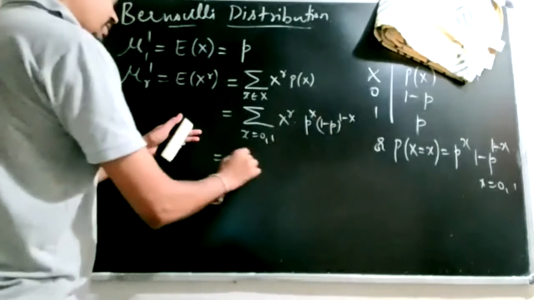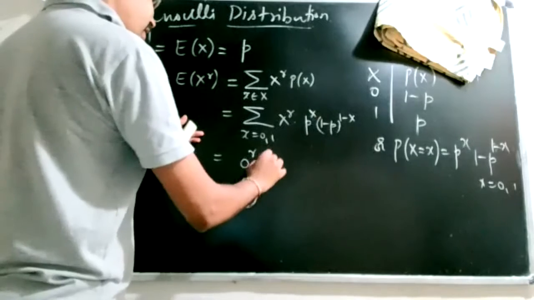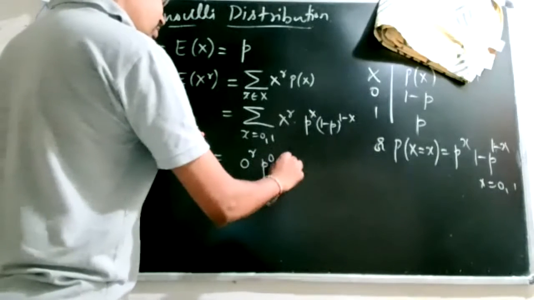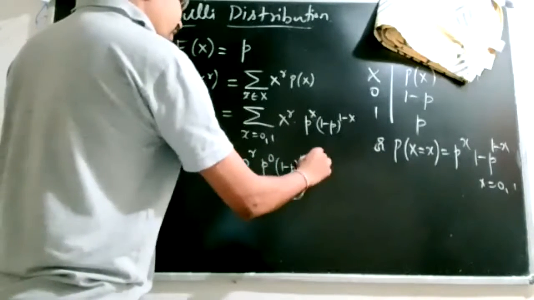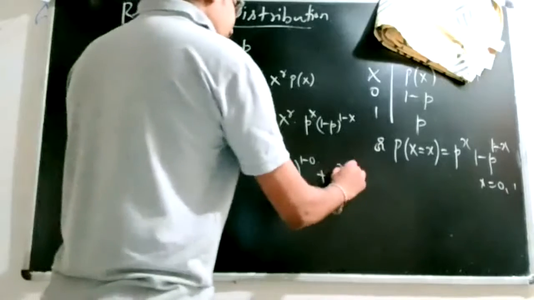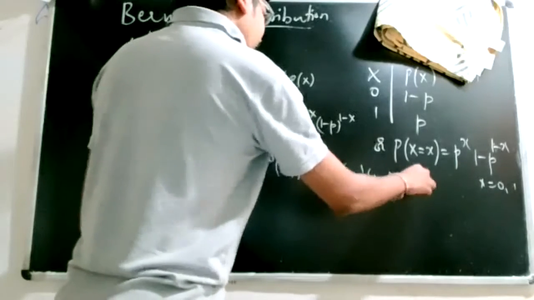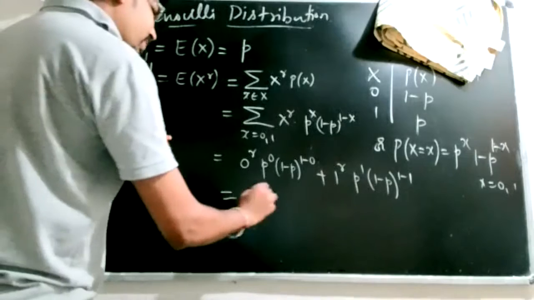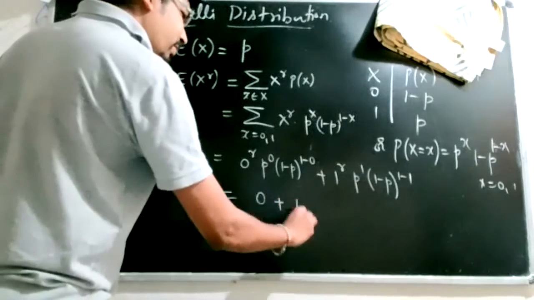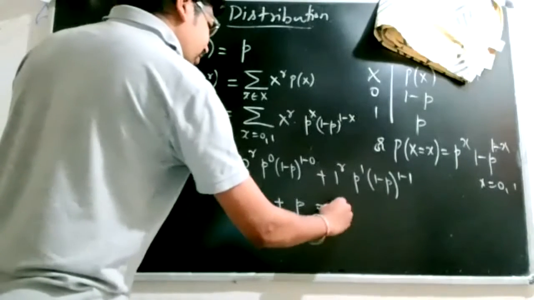When I put x equal to 0, I get 0 to the power r, p to the power of 0, 1 minus p to the power of 1 minus 0, plus 1 to the power of r, p to the power of 1, 1 minus p to the power of 1 minus 1. So this becomes 0 plus p, which is equal to p.